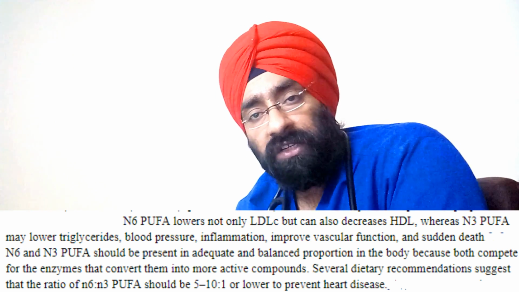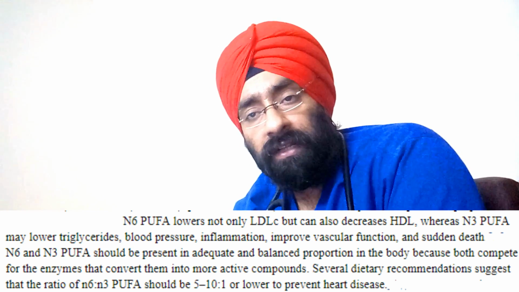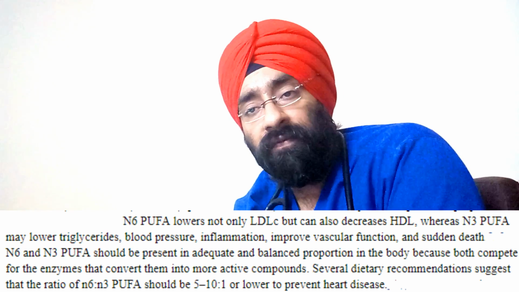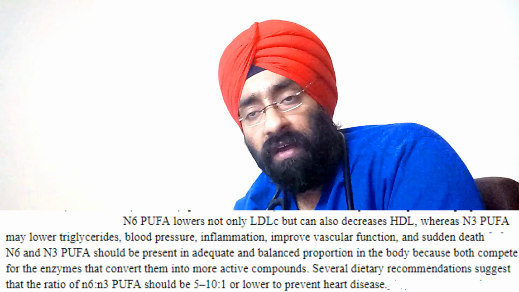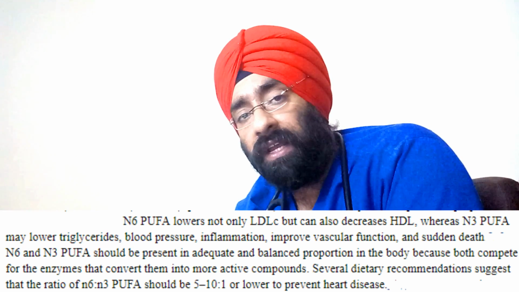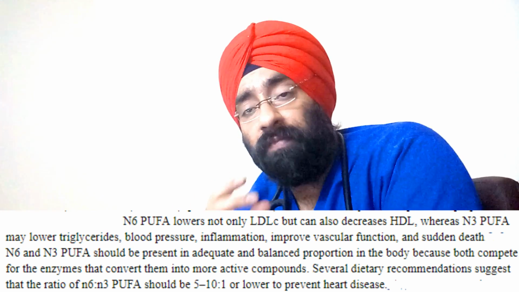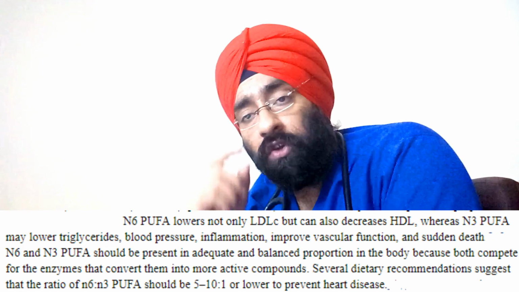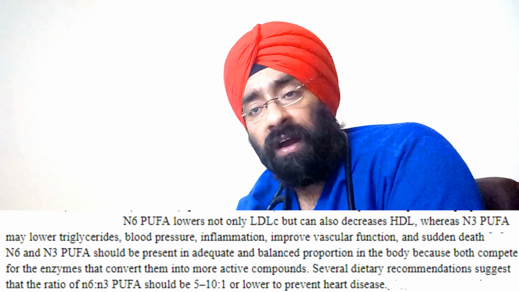Several recommendations suggest that the ratio of omega-6 to omega-3 should be either 5:1 or 10:1. So omega-6 can be taken 5 to 10 times the amount of omega-3, but omega-3 should be included in the diet in this amount to prevent heart disease.